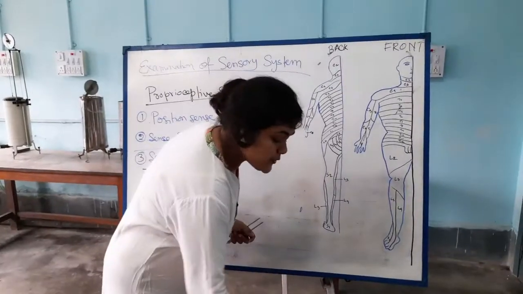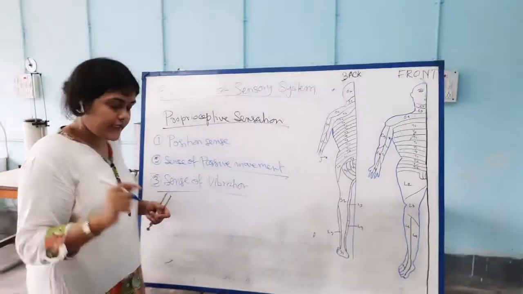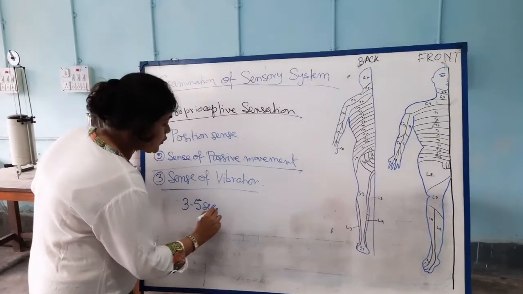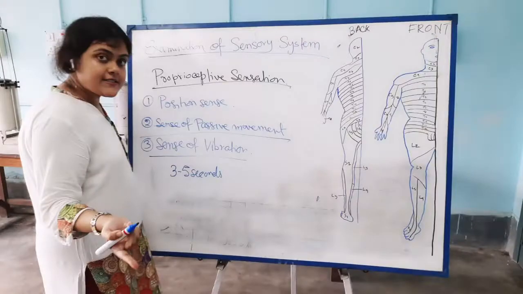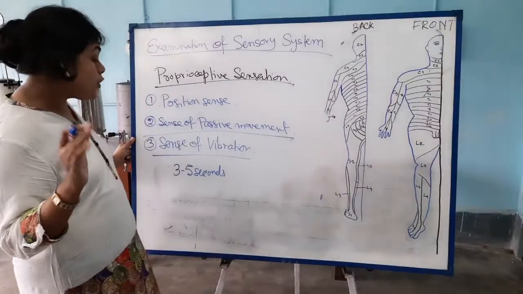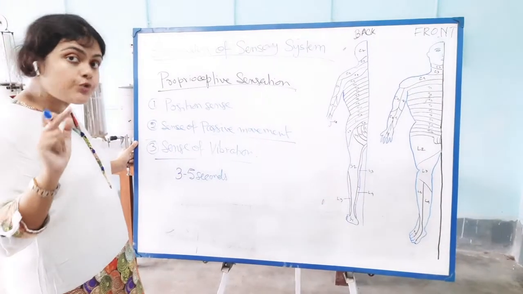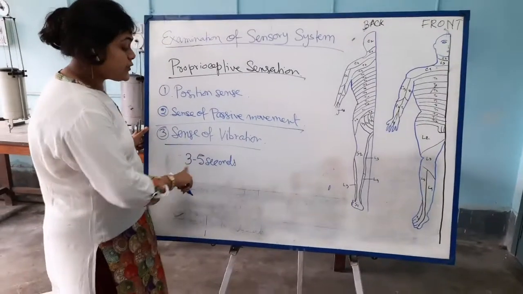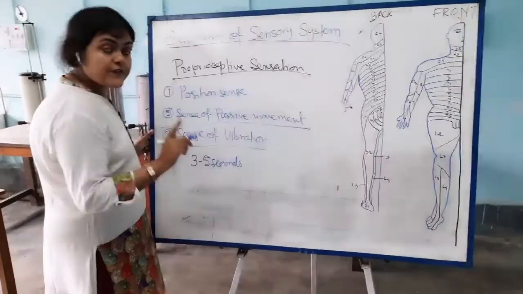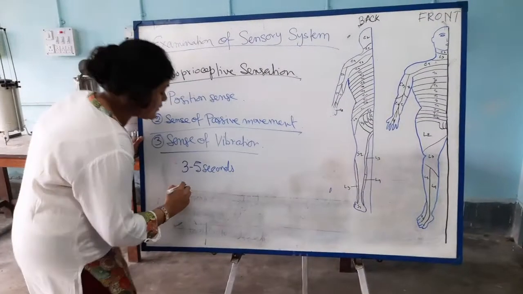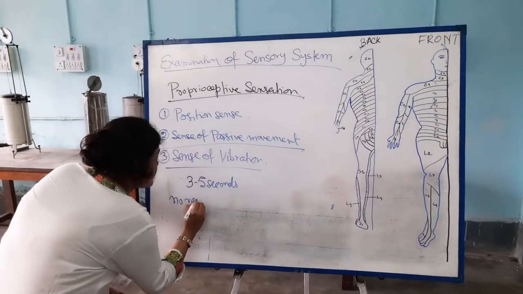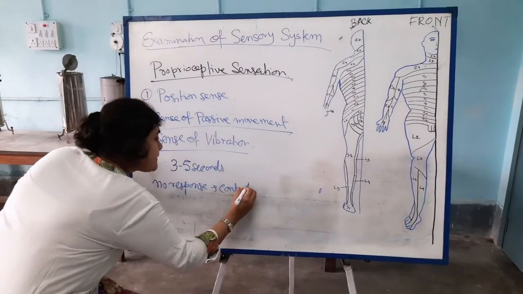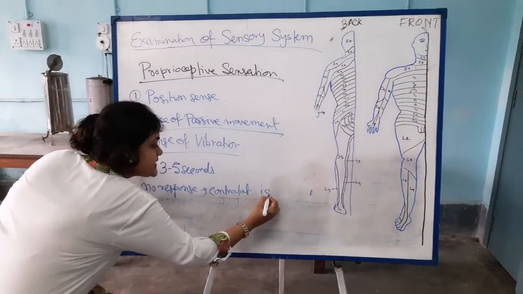The normal response is that the patient should feel vibration 3 to 5 seconds more on the contralateral side. The ideal or normal response is that the patient should feel vibration at the bony point of the corresponding limb for 3 to 5 seconds more. But if he can't feel anything, if there is no response, that means the contralateral side is abnormal.